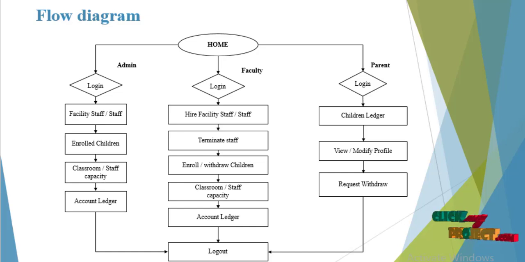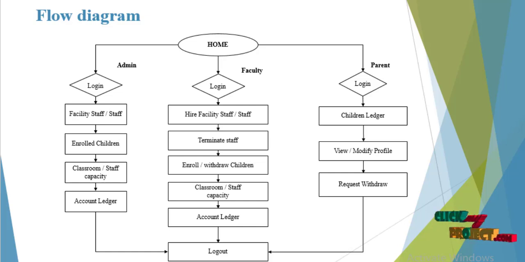And in parents they have the login. They have to log in with the email address and password that they enrolled with their children. After login they will be separated by their children's ID. There they will see the ledger of the children, that is account details, and after that they can view the profile that they filled at enrollment.